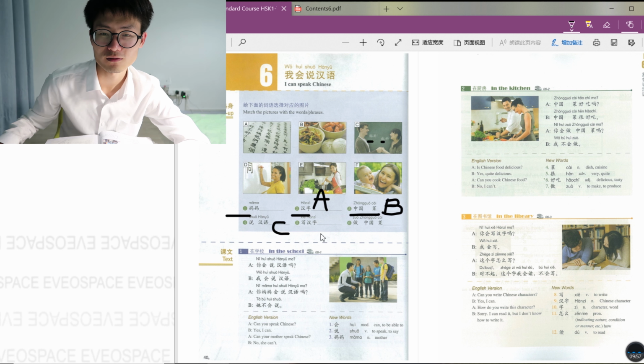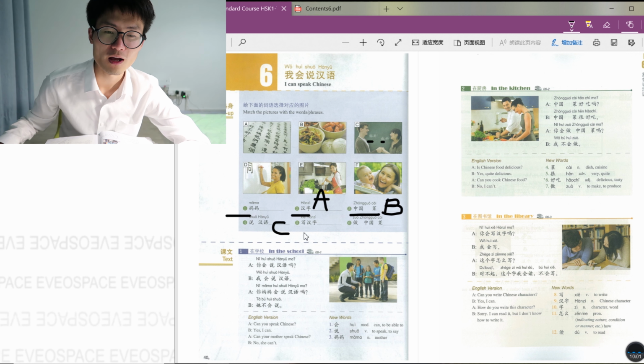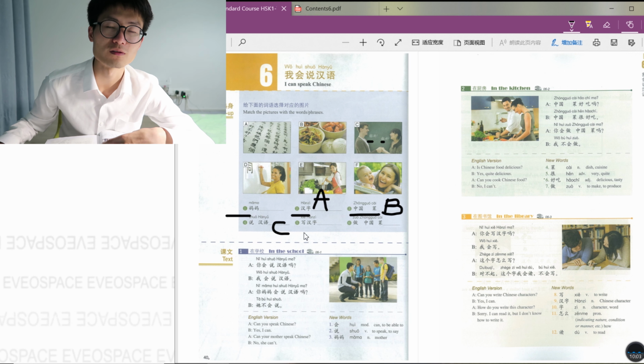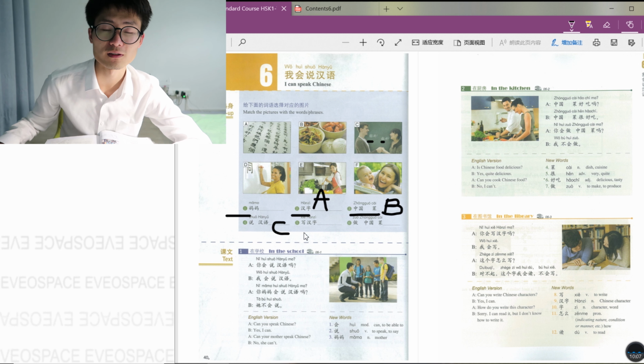They are saying Chinese there. And 写汉字, it means to write Chinese characters.